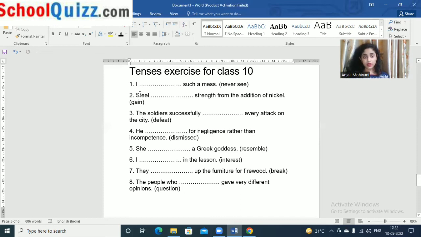You cannot write the answers. You have to write only the sentences and fill them in with the pencil. So it will be helpful for you to solve again. I can increase the font for you if you want.